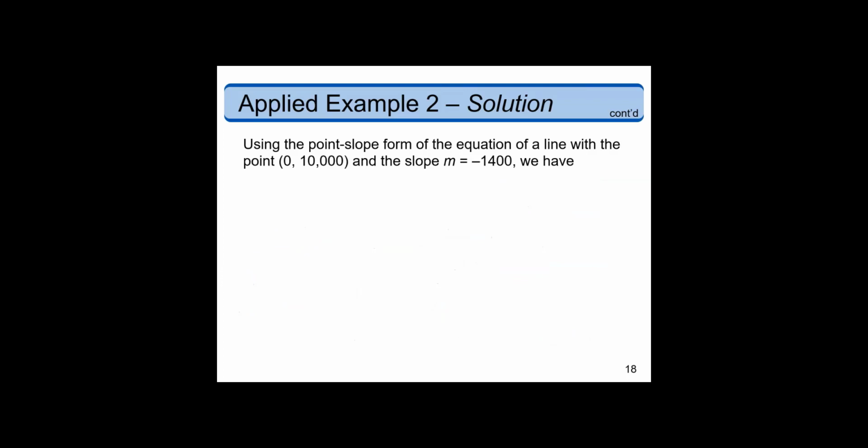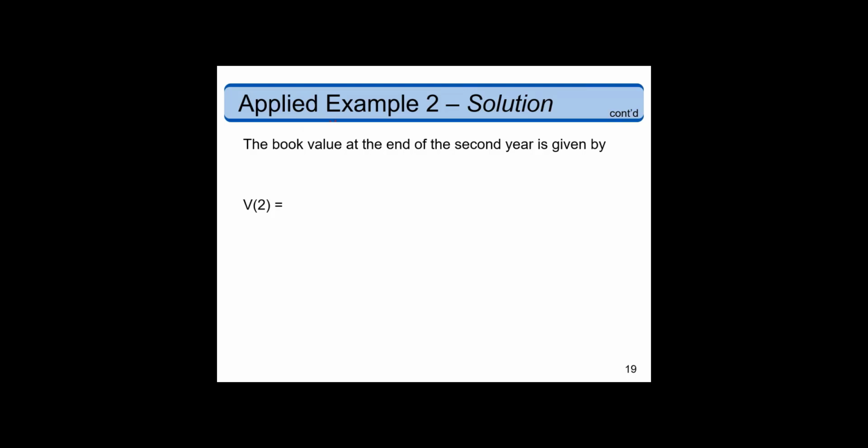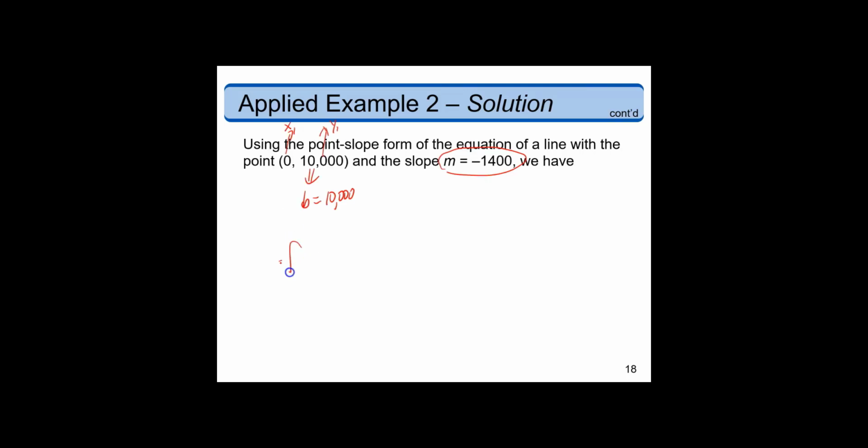Now, since we know the slope is negative 1,400, and we are given the ordered pair (x1, y1), when x equals 0, the y-intercept b equals $10,000. So the linear function is written as f of x equals mx plus b.